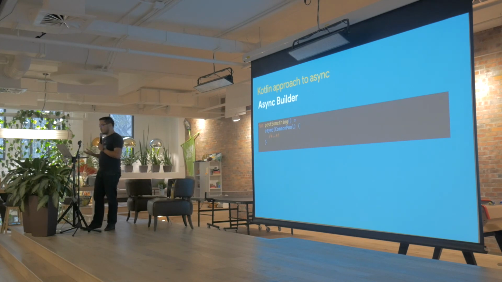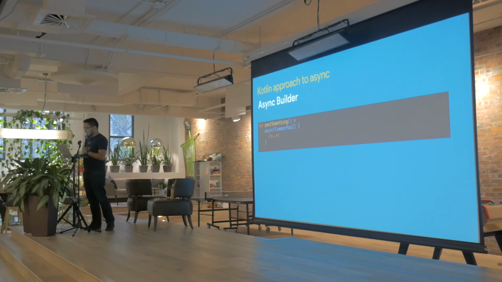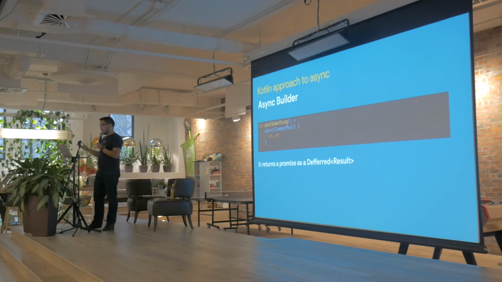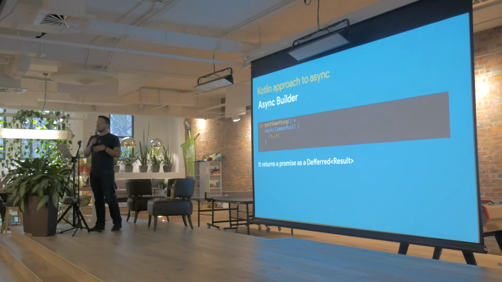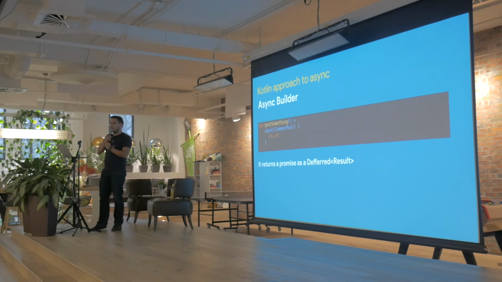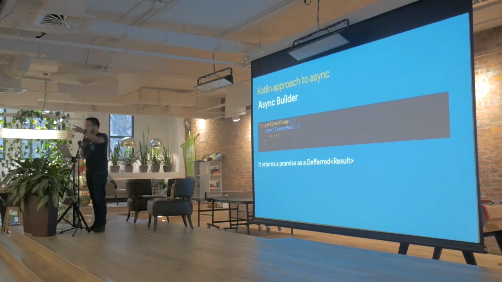It doesn't want to impose anything. We do have async, but not as a modifier. We have it as a coroutine builder. Just like we used launch not long ago, we can use async. The difference is that it returns a promise as a deferred result. At some point, you may think you want a promise, so just give me a promise, and you use async.